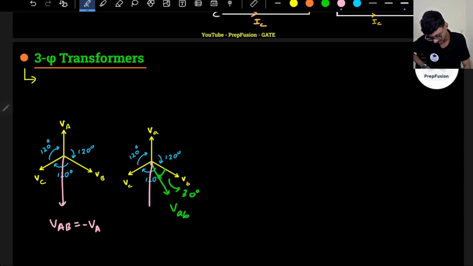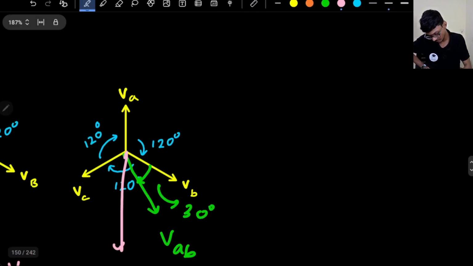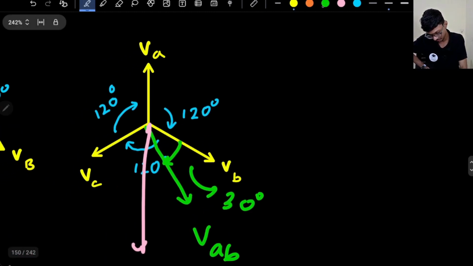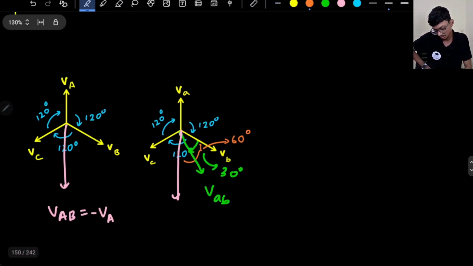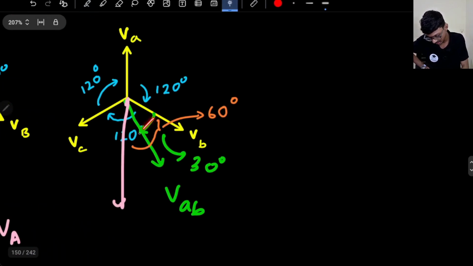Capital VAB is here. So this whole angle is how much? This whole angle is 180, this angle is 60, this is 120, this is 120, this whole angle is 180. So this angle will be 60. Now this angle is 30, so how much is this other angle?